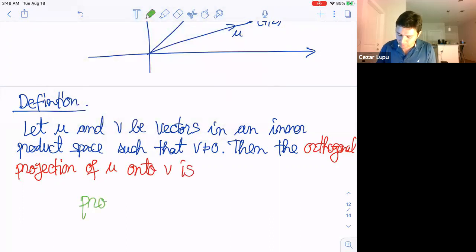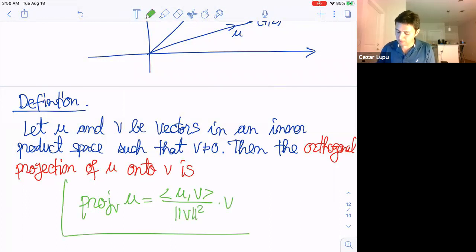The orthogonal projection of u onto v will be nothing else than just the inner product between u and v over the length of v squared times v. That's the formula. And again, this is valid, as you have seen in R2, in R3, in Rn, and so on.